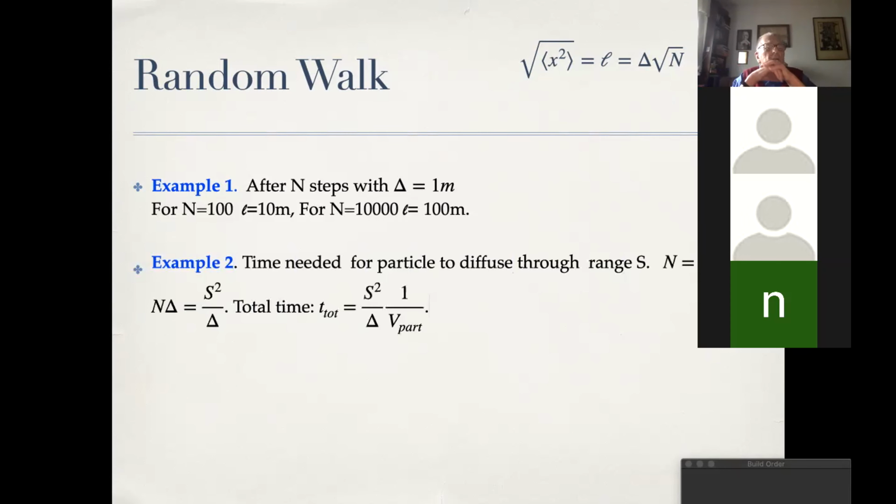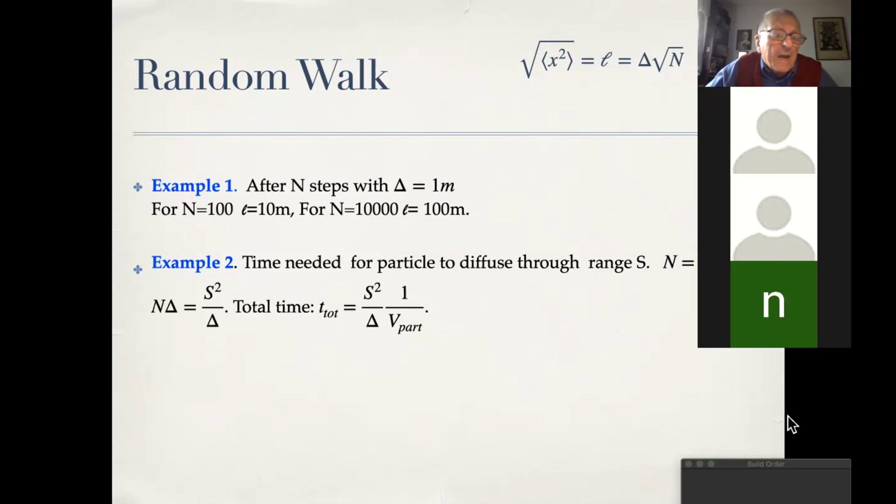So let's calculate the time which is needed for a particle to diffuse through a region which has a certain range, which I labeled as S. The number of steps is then S squared divided by delta squared. So if I multiply n by the length of delta, I get S squared over delta.